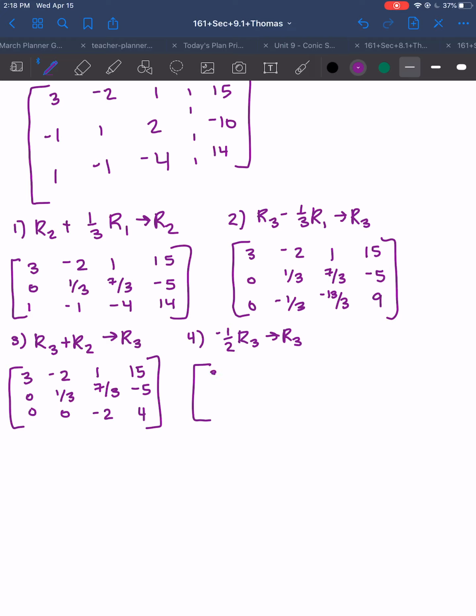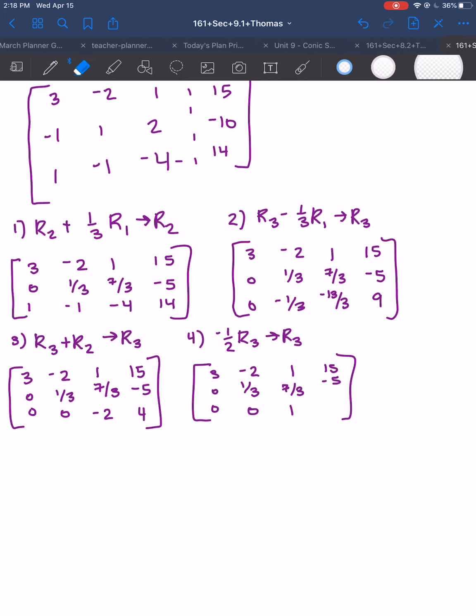So 3, 0, 0, -2, 1/3, 0, 1, 7/3, 1, and then 15, negative 5, and 4. Oh, that should be a negative 2. I lied. Can't do basic math, guys. That should be a negative 2.